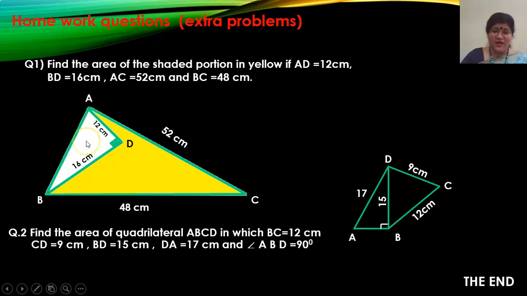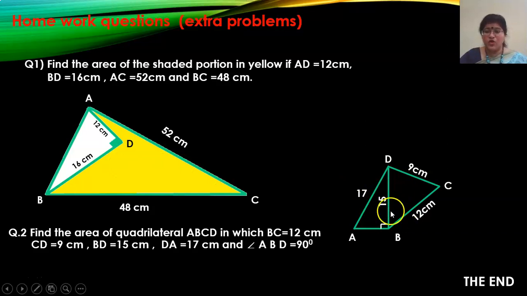Then use the formula half into product of the perpendicular sides. You will get the area of this triangle in white. After you get the area of the triangle in white, you find out the area of this complete triangle ABC using Heron's formula. The area of the larger triangle minus the area of the triangle in white, you will get the area of the shaded region.